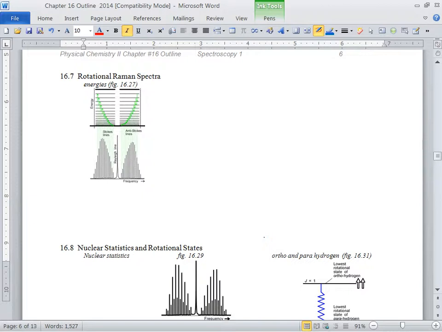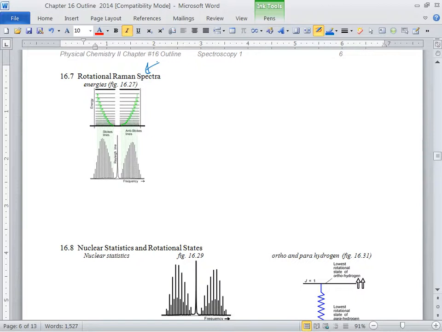How about rotational Raman? What about Raman spectroscopy? The molecule had to exhibit what? Those two words, long, complicated, ugly. The anisotropic polar... well, I can't say it.